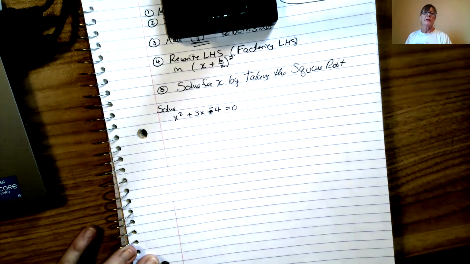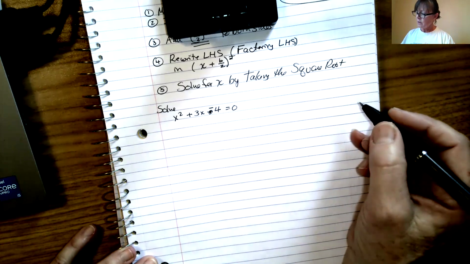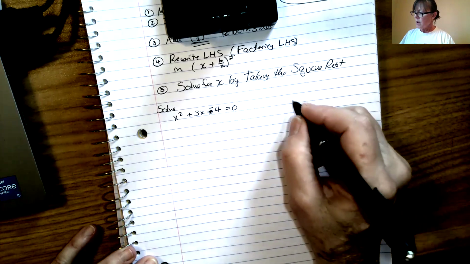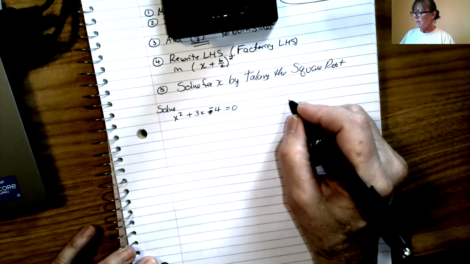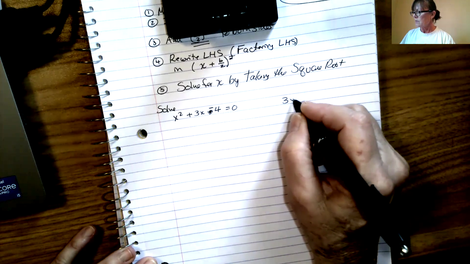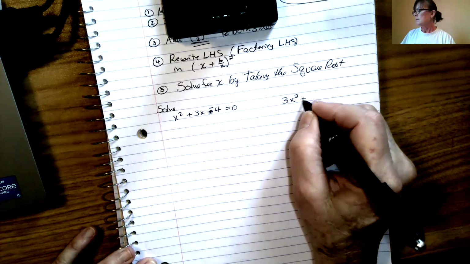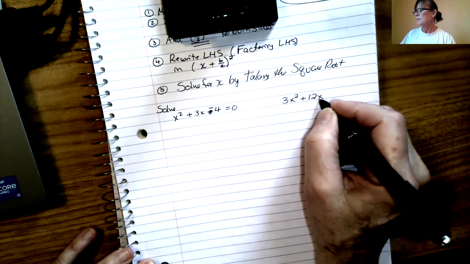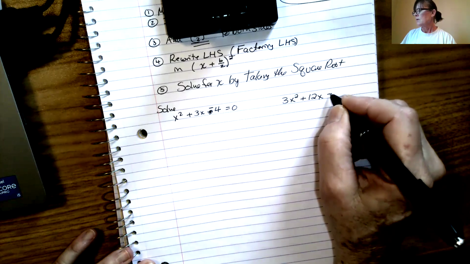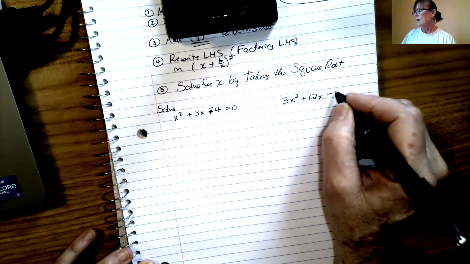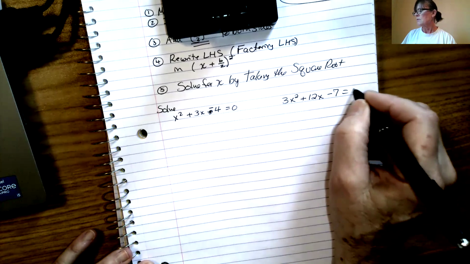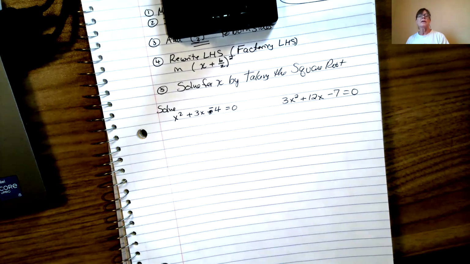And then we will solve one that looks like 3x squared plus 12x minus, I don't know, 7 equals 0. Then we'll solve that one. Okay, here are two examples. We're going to solve them both by completing the square.